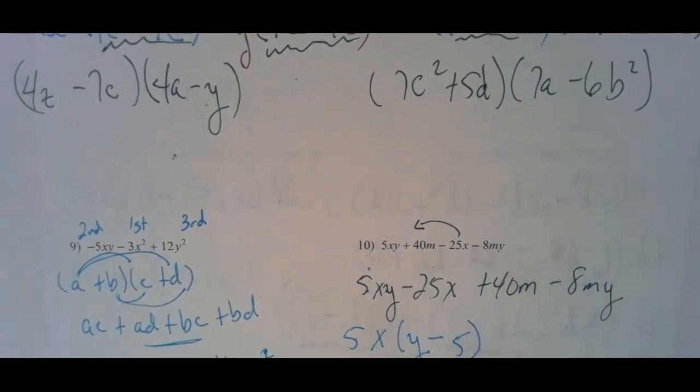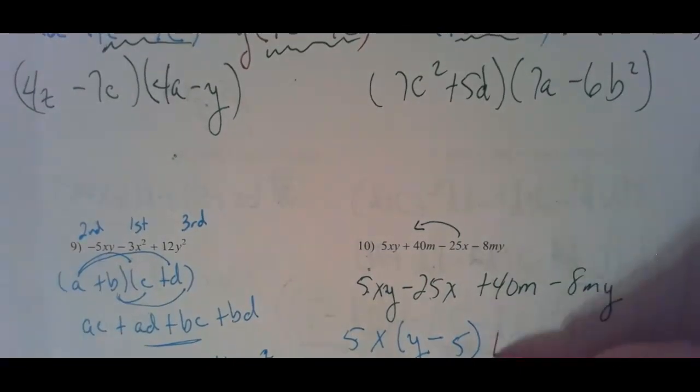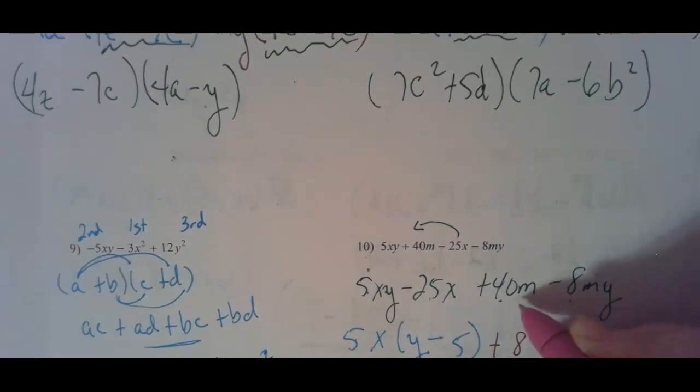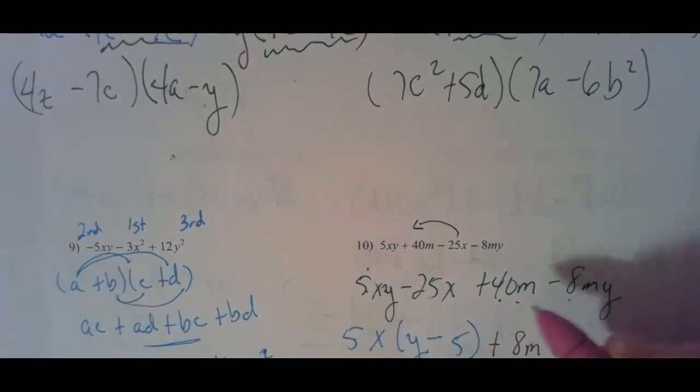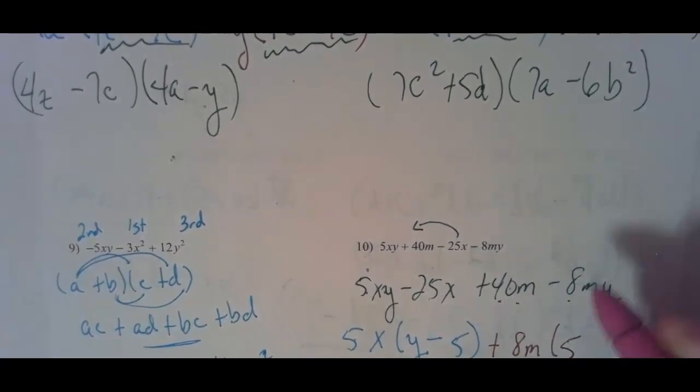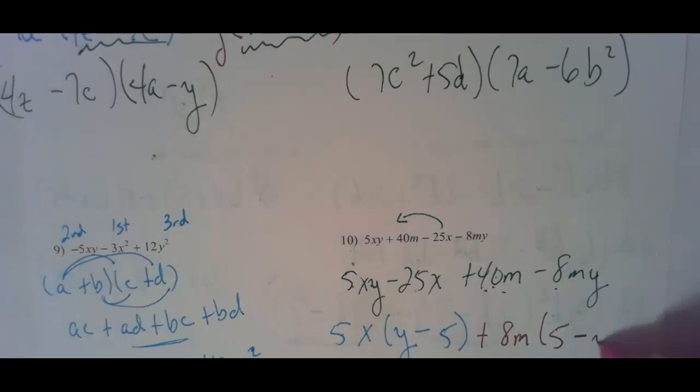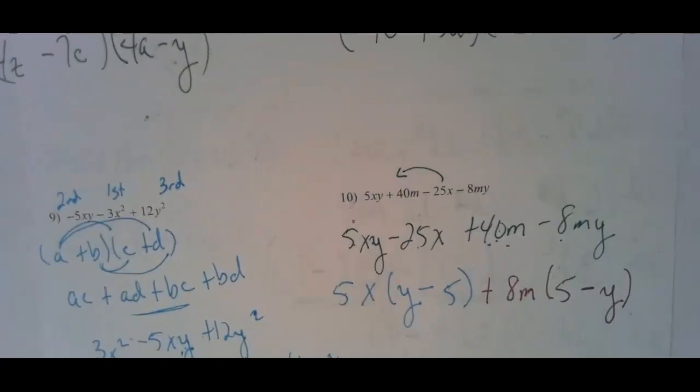Plus, I'm going to divide out an 8, and you can see both of them have an m, leaves me with 5 minus y. Okay, so we're almost where we need to be, right?